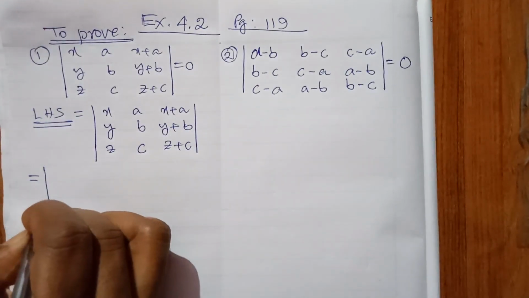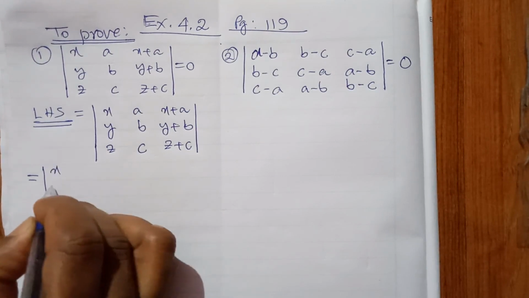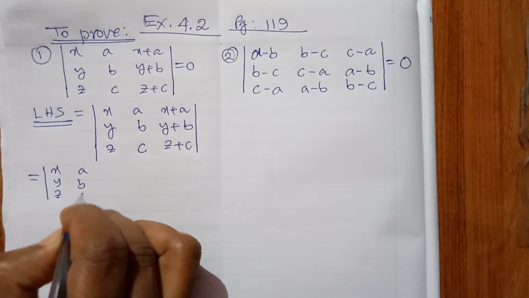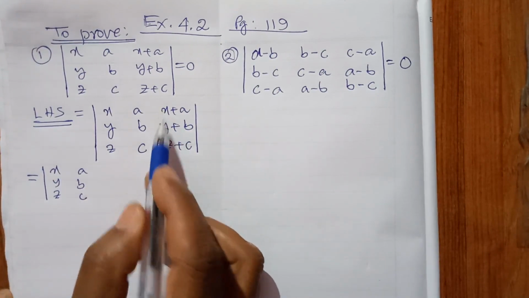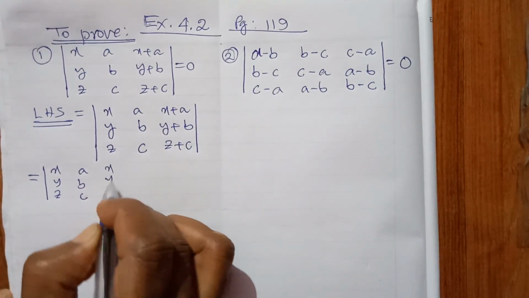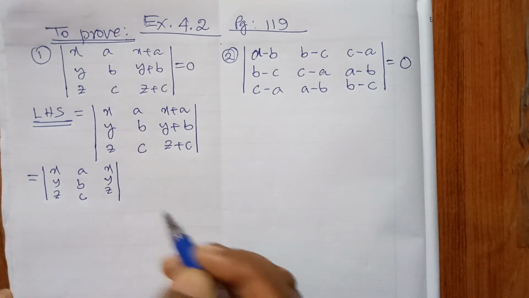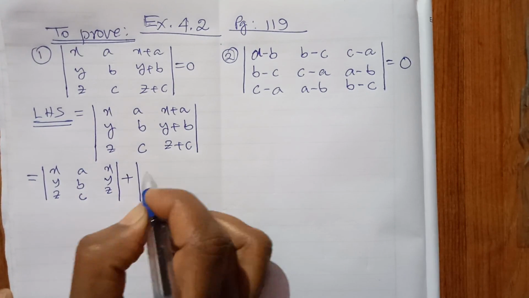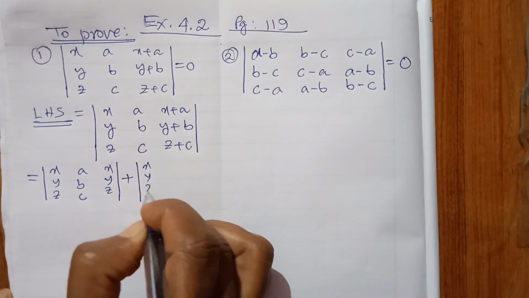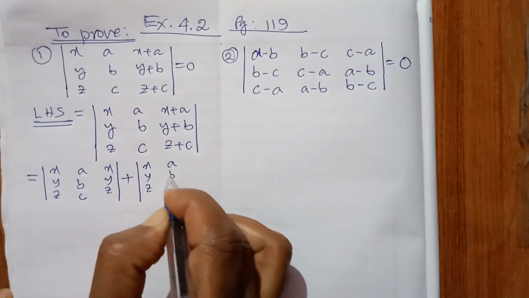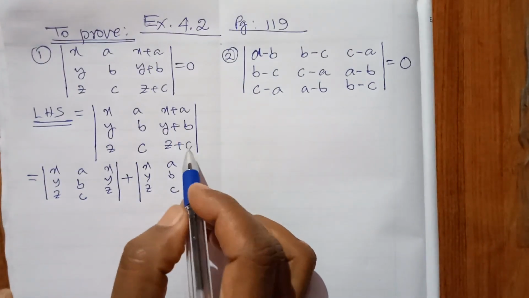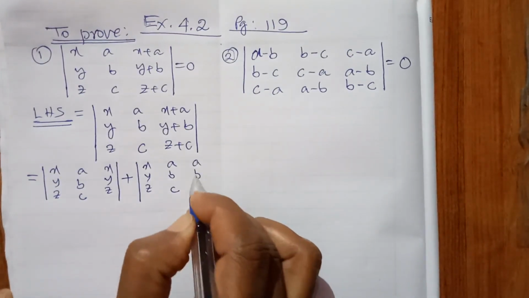The first determinant has first column x, y, z, second column a, b, c, and third column x, y, z. Plus the second determinant has first column x, y, z, second column a, b, c, and third column the second terms of the third column, a, b, c.